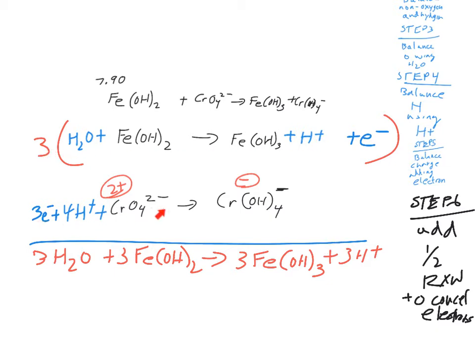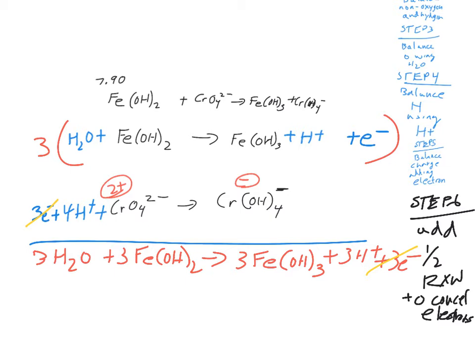Now I'm adding this equation to that equation, and when I do that, let's see what cancels out. Anything on opposite sides of the arrow can cancel out. So my electrons are gone, and I didn't mean to. I goofed. There we go. My 3 electrons are now gone.